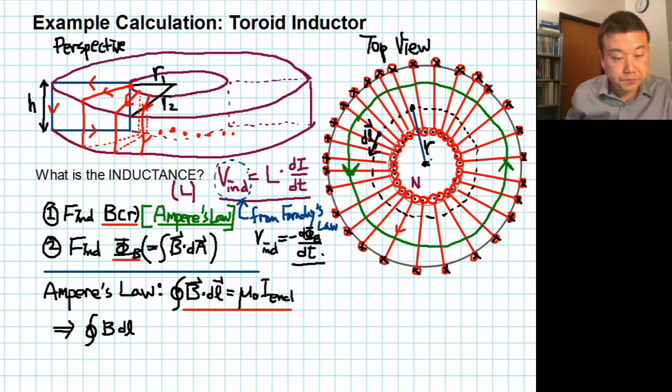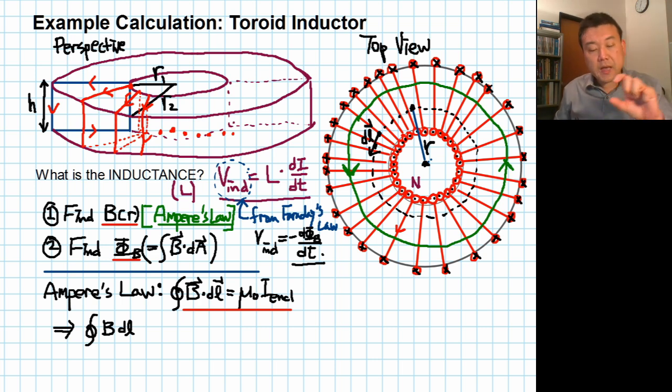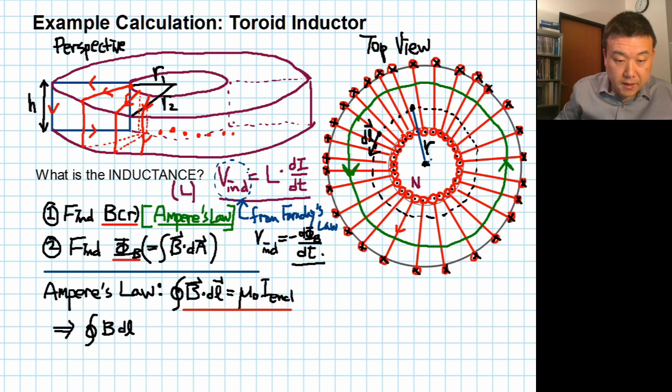Since this path is a circular path, based on the rotational symmetry we pointed out, the magnitude of the magnetic field is constant along that path. So we can pull the magnetic field outside of the integral, and this is equal to magnetic field times the line integral dl.